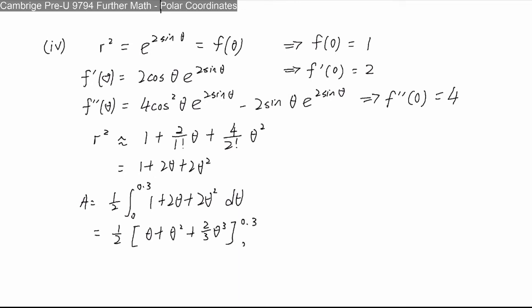Just substitute the 0.3 inside and evaluate, and we should be able to get 0.204. Okay, so that is for the question from summer 13. Sorry, summer 14 it should be.